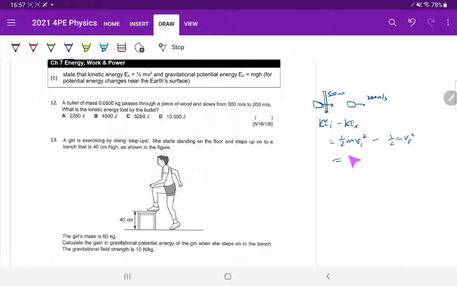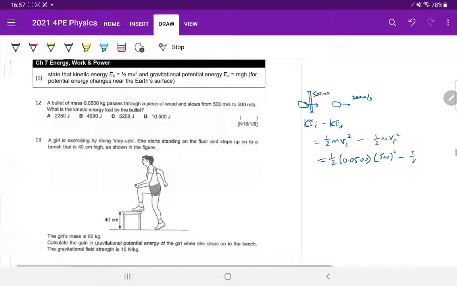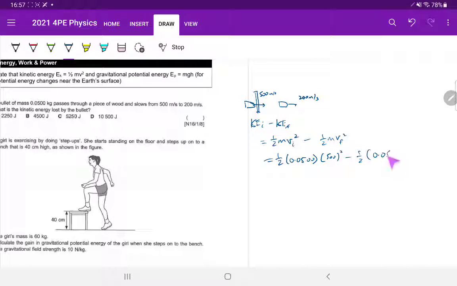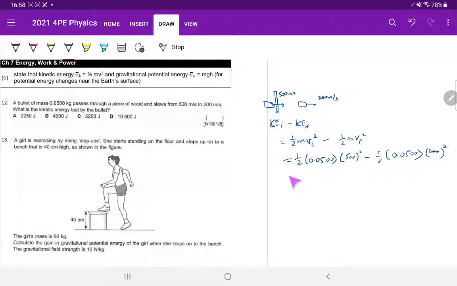Yep, so just substitute that in. 0.0500, my v is 500 squared, minus half, 0.0500, 200 meters per second squared, and this would give me 5250 joules. Alright, so this is application of the formula, so answer C.